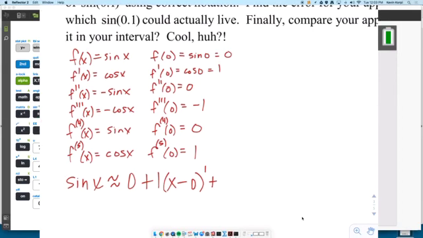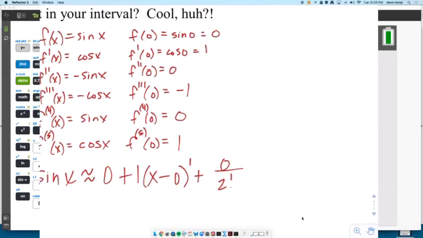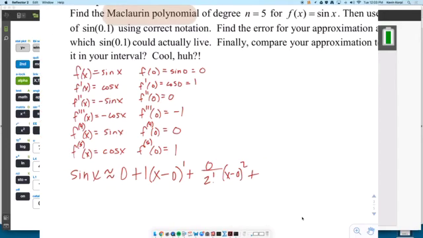The coefficients, remember, are the nth derivative over n factorial. So since this is n to the first, we're on 2. So we look at the second derivative line. So what's the second derivative at 0? 0 over 2 factorial times x minus 0 squared plus, now we're going to go to the third derivative line.